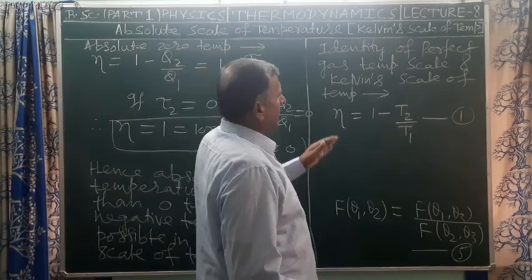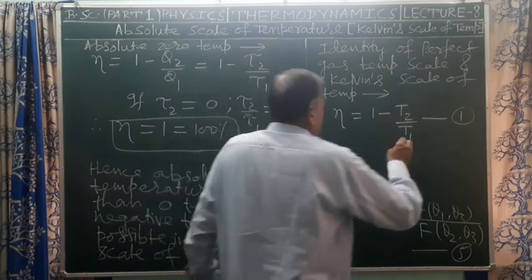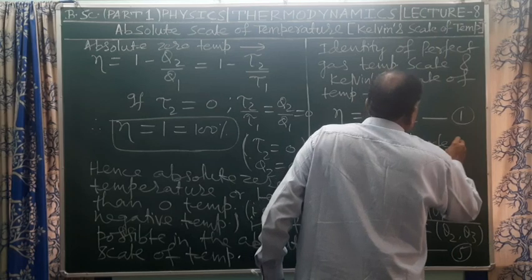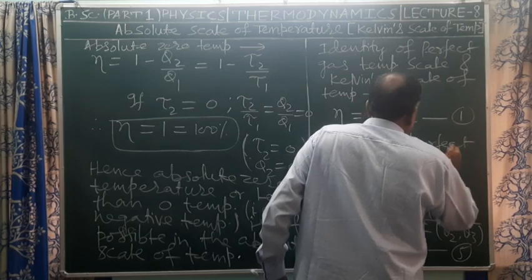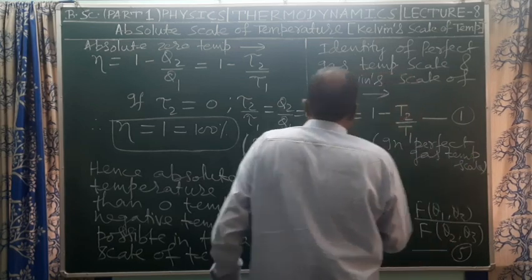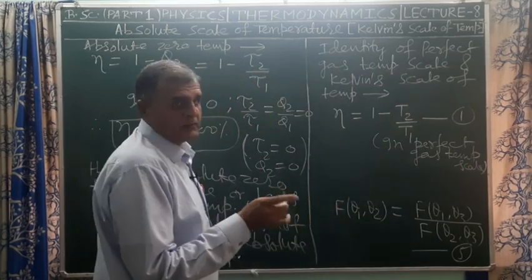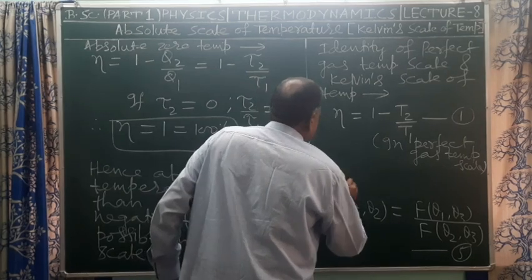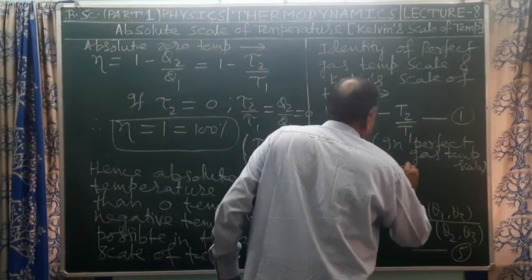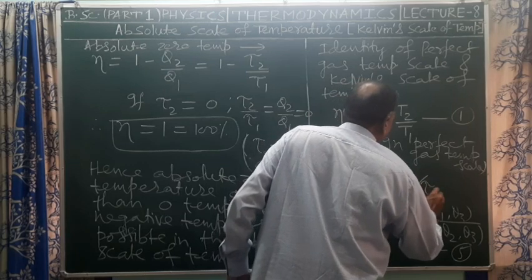And if the absolute scale of temperature is used, then the efficiency of the heat engine is given by eta equals 1 minus tau 2 upon tau 1.